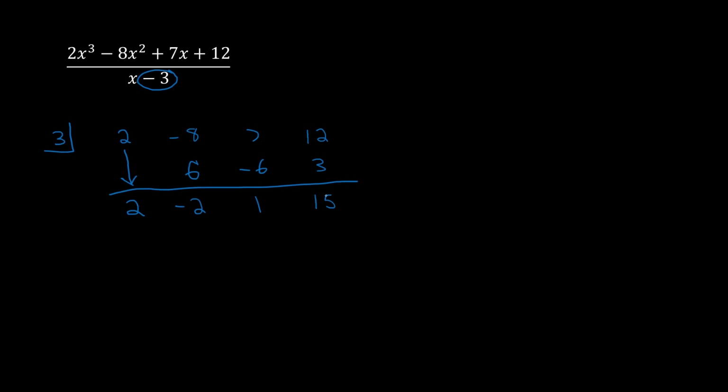The only thing is we need to now write back in the variables. So we started with 2x to the third power, and we're dividing by an x. So when you do that, you're going to get a 2x to the second power, right?